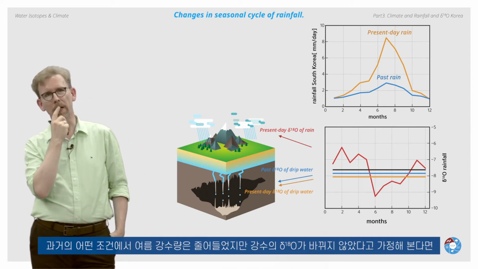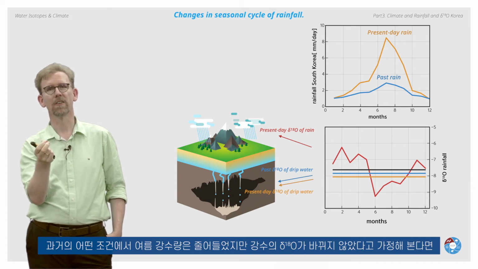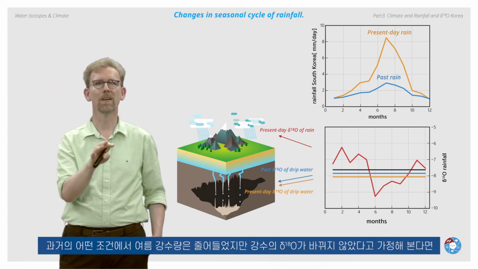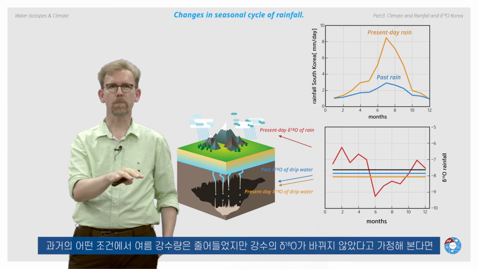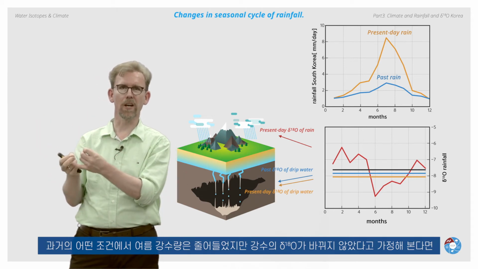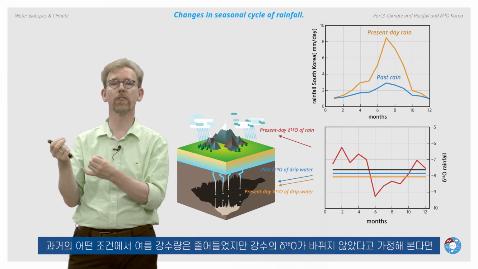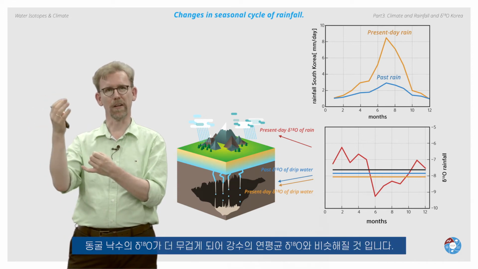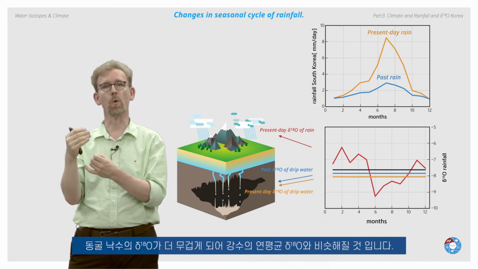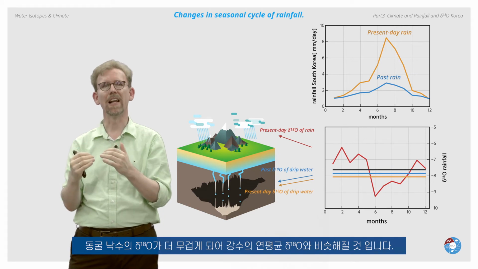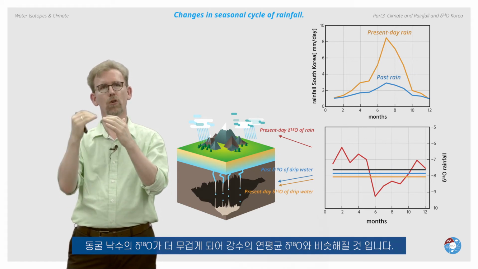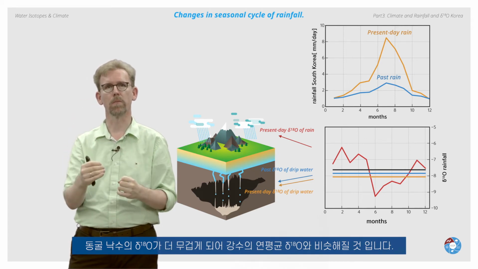If now, under some conditions in the past, the rainfall in summer was reduced, and assume that the d18O of rainfall was not changed, then it is clear that the drip water d18O will be heavier, less depleted, and closer to the annual mean of rainwater.